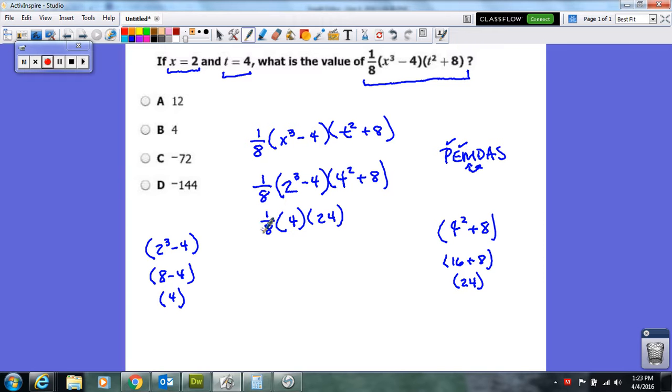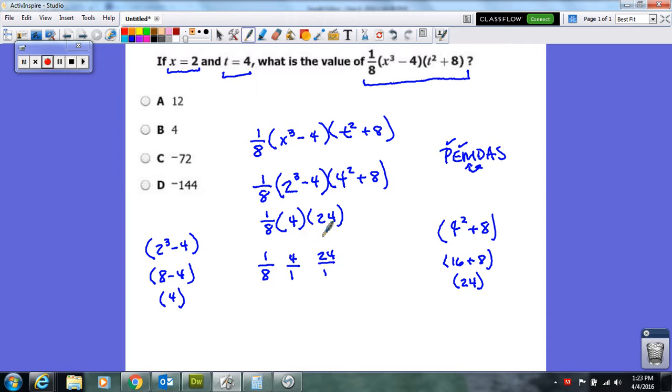The easiest way I would think to work this out, if it were me, would be to turn each of these into a fraction, because I have a fraction here. And it's very easy to take whole numbers and turn them into fractions. I'm going to turn the 4 into 4 over 1, and I'm going to turn the 24 into 24 over 1.